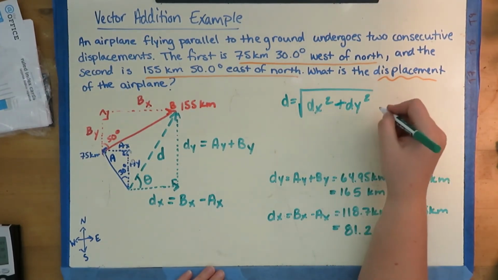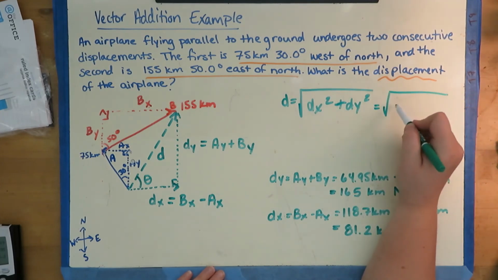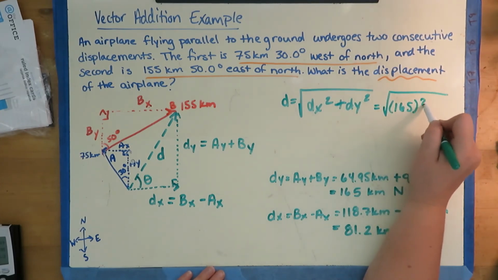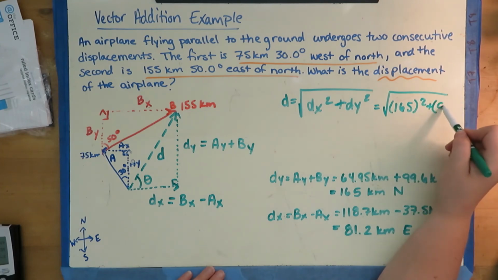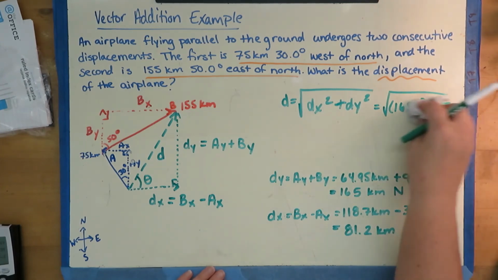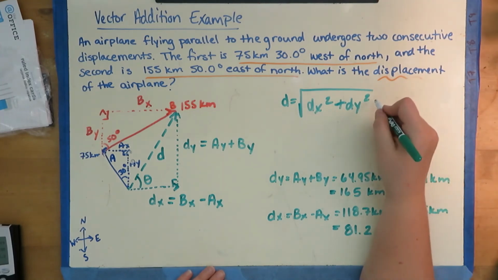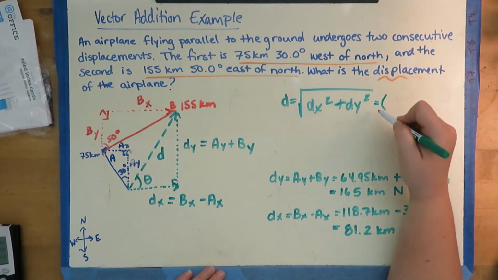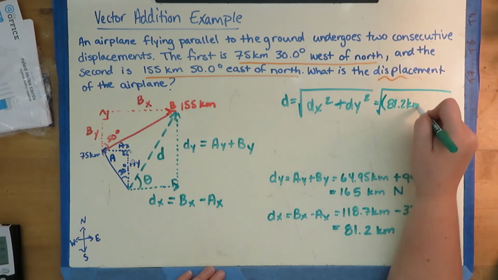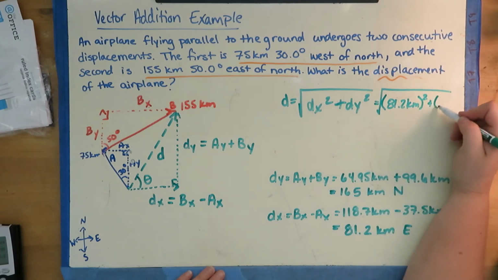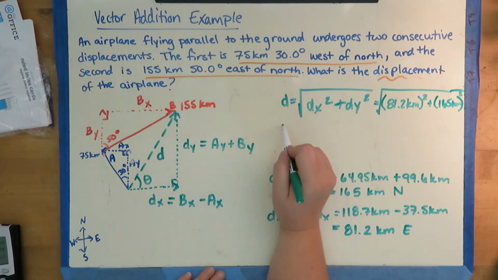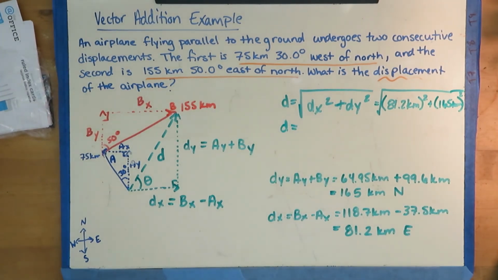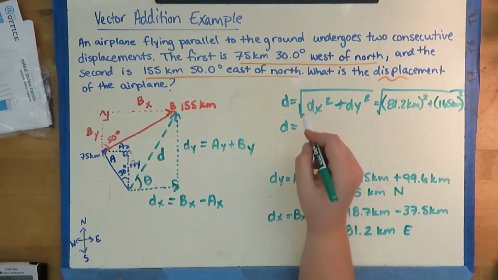So we can plug in the square root of 81.2 kilometers squared plus 165 kilometers squared. And when I plug in to that, I get approximately 184 kilometers.